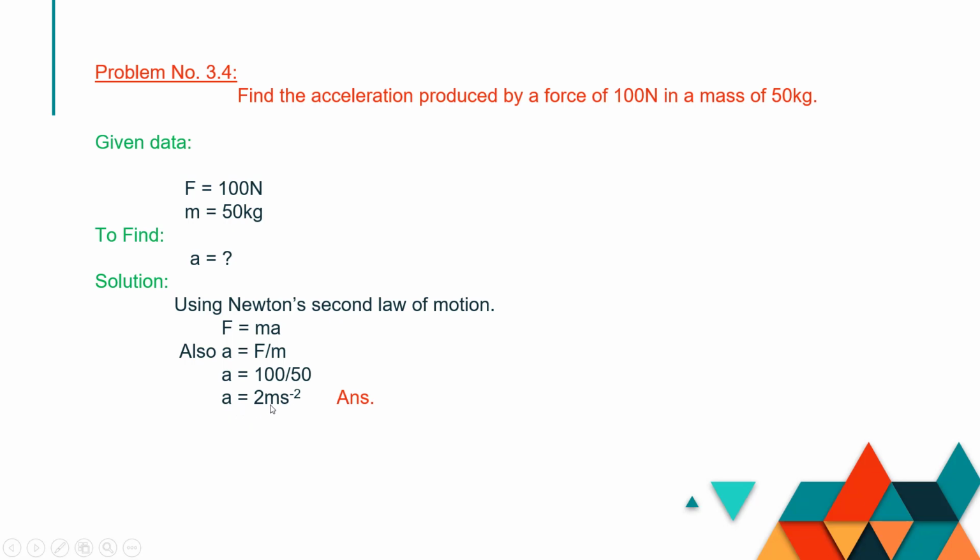A is equal to 2 meter per second square, where meter per second square is the unit of acceleration. So the value of acceleration is 2 meter per second square, which is the answer.